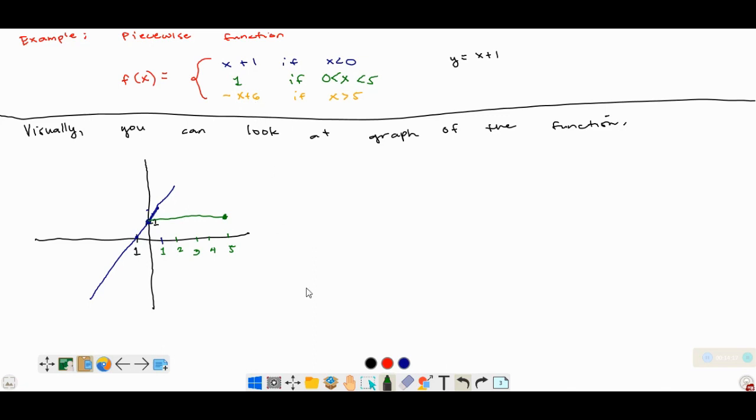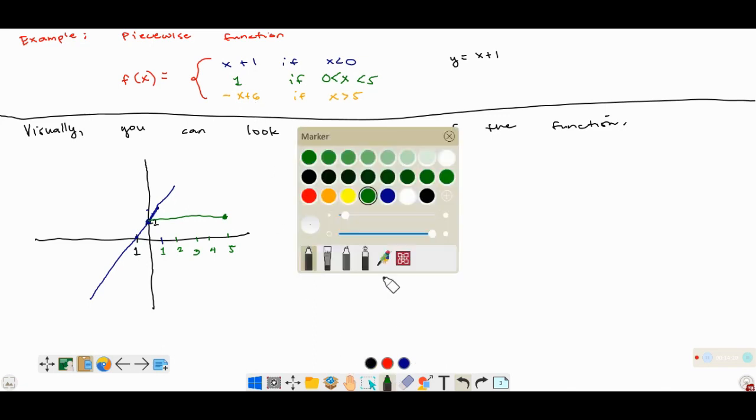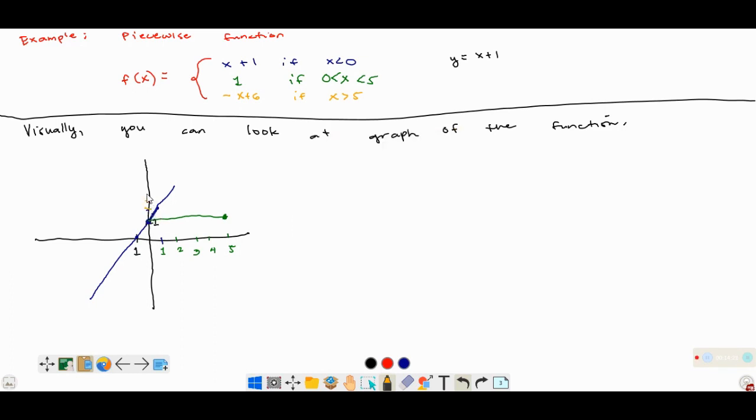And finally, we have negative x plus 6. Ito. So, y-intercept naman niya ay 6. 1, 2, 3, 4, 5, 6. So, yan. Dadaan siya dito. And then, for the slope, it is negative 1. So, for every 1 unit decrease, you will move to the right 1 unit.